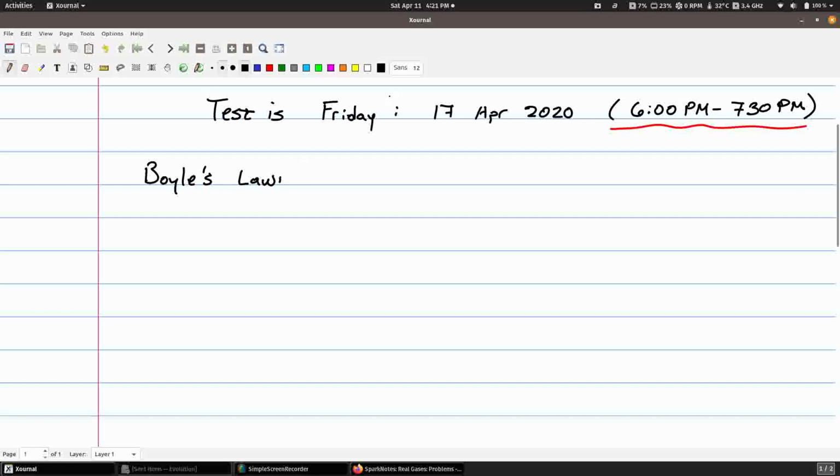So keywords that you're going to need to look for. I dropped my pen. Keyword in the problem, and this is for any problem, even if it's homework. So your keyword is going to be constant temperature.